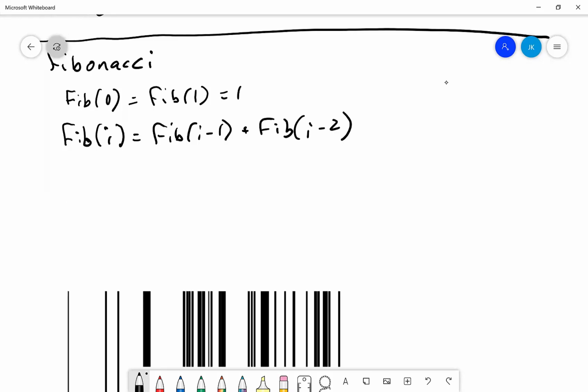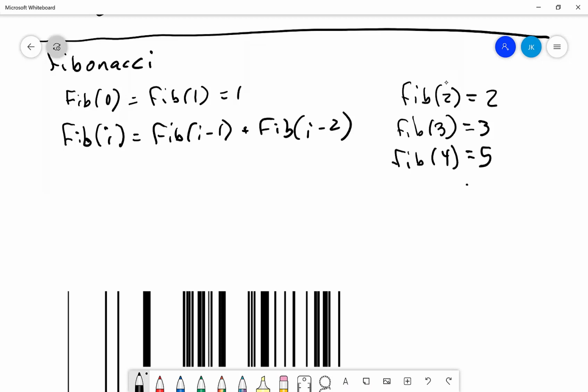In this case, I can compute that fib of 2 is going to be 1 plus 1, which is 2. And I know that fib of 3 is going to be fib of 2 plus fib of 1, which is 3. And fib of 4 is going to be 5, and then fib of 5 is going to be 8, and so on. So these are the values that we have.